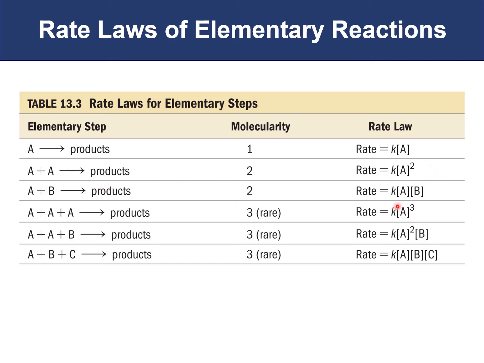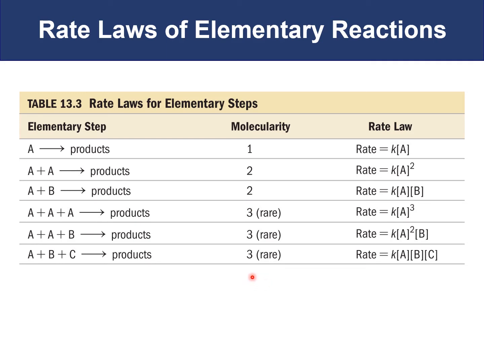Similarly, for A plus B, the rate is equal to k times A times B. In each case, whatever the coefficient in front of our component in our elementary reaction, that is what the exponent is. Now, we could have a molecularity of 3, where maybe 3 A's, or 2 A's and a B, or an A, B, and C come together. However, termolecular reactions, those that have a molecularity of 3, are very rare.